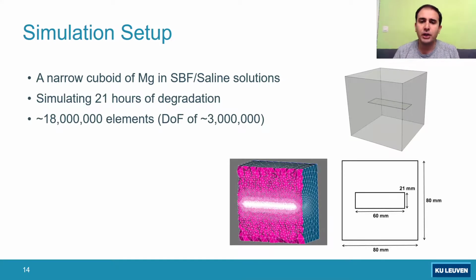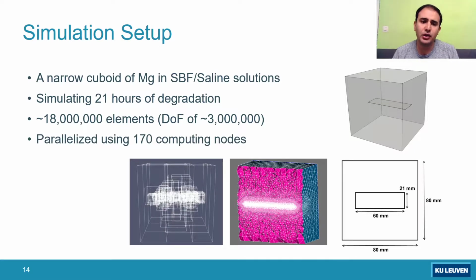The computational models consist of 80 million elements and degrees of freedom of 3 million for each PDE. We had 5 PDEs, each with a degrees of freedom of 3 million. And the computational model is parallelized on 170 computing nodes on a supercomputer.